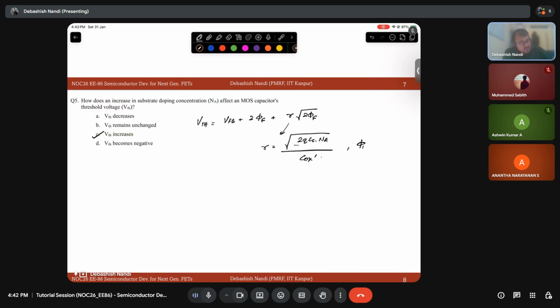And your phi F will also have natural log of NA by Ni. We have shown yesterday that natural log has a weaker dependency than this square root. Fine. So the square root will dominate. So gamma is the main factor that determines the substrate dependency. And of course, from the equation, you can tell that it is increasing.